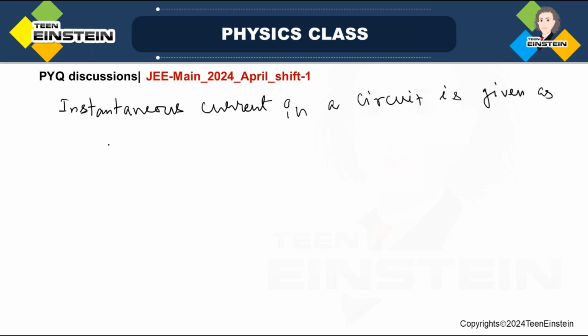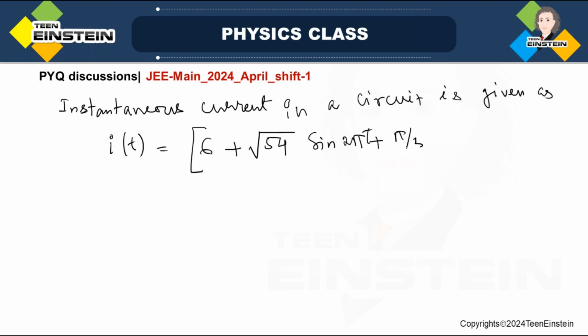As I of t is equal to 6 plus square root of 54 sine of 2 pi t plus pi by 3, in ampere.